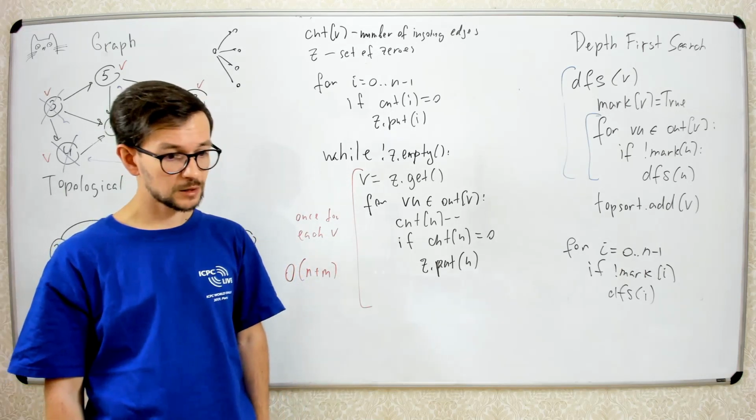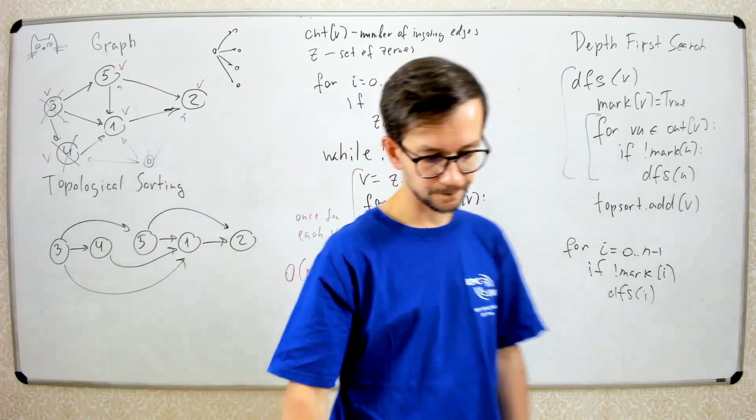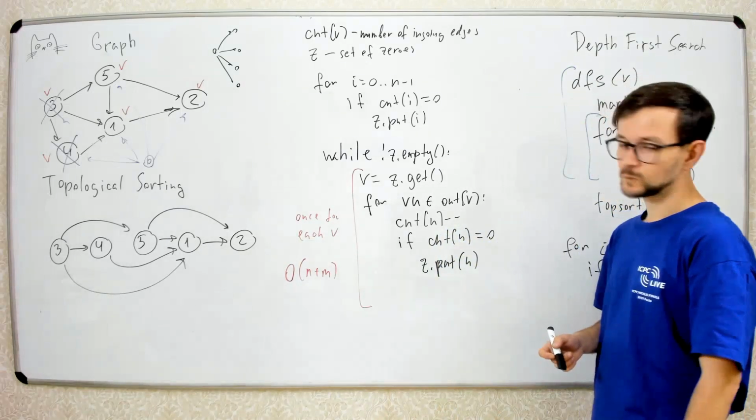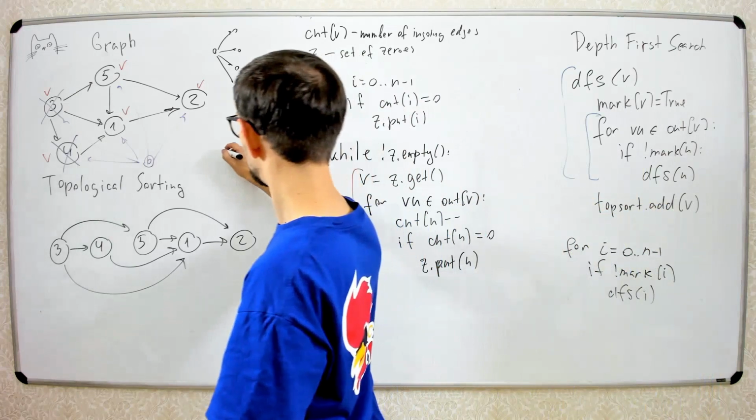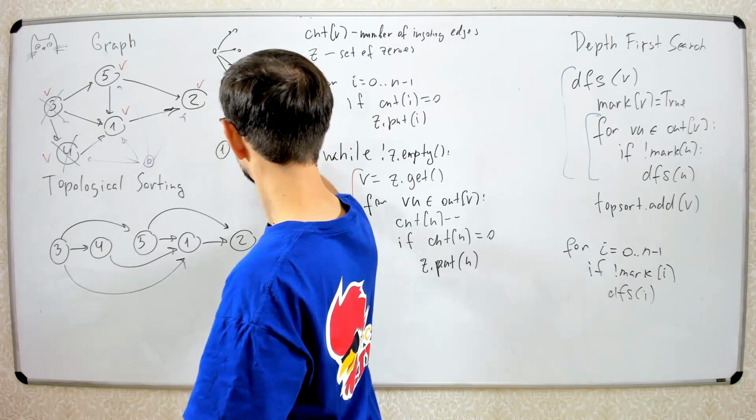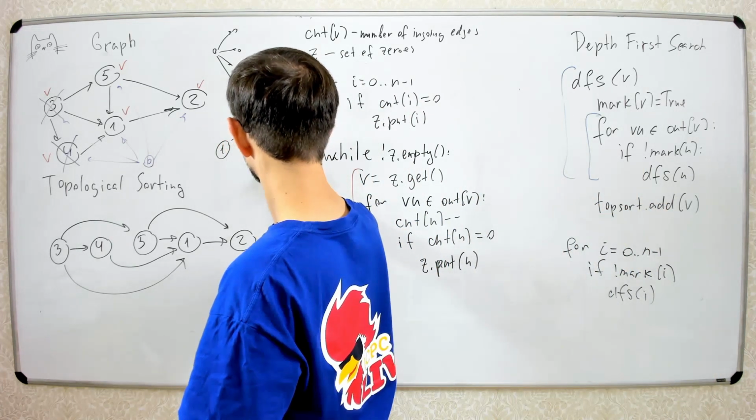Any ideas? Well, let's try it. For example, here we have node 1, here we have node 2, 3, and here we have cycle.